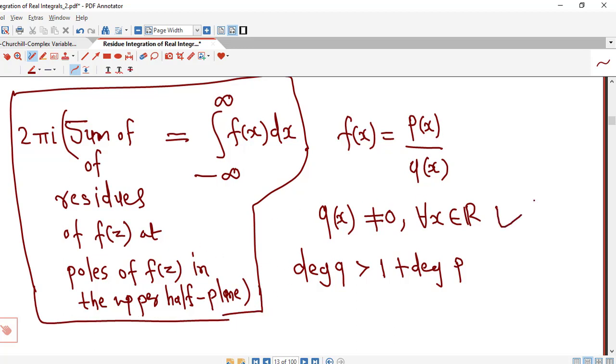If these two conditions are satisfied, this improper integral is convergent, and its value is 2 pi i times the sum of residues of the complex function f(z) at poles of f(z) in the upper half plane, where f(z) is the complex function corresponding to this function.